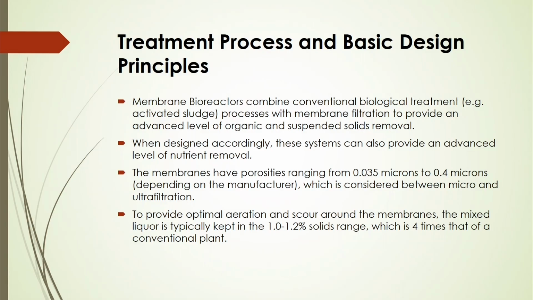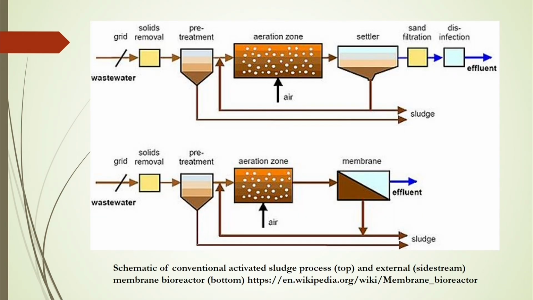To get optimal operation and secure microorganism separation by the membrane, the mixed liquor should typically be kept in the 1.2% solids range, which is 4 times that of a conventional plant.